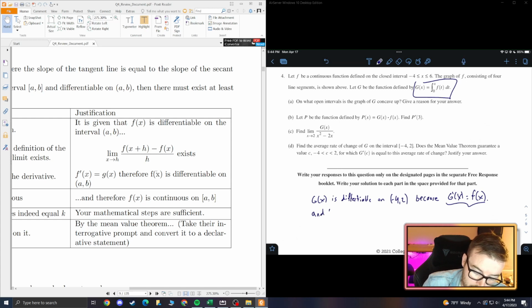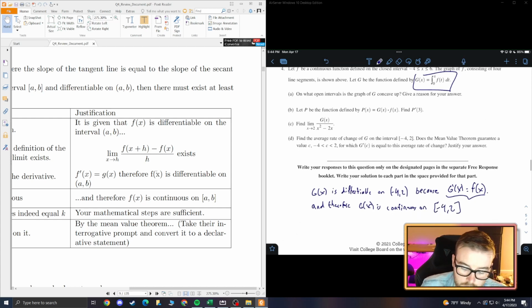And therefore, g of x is continuous on -4 to 2. I'm looking at this left-hand side.